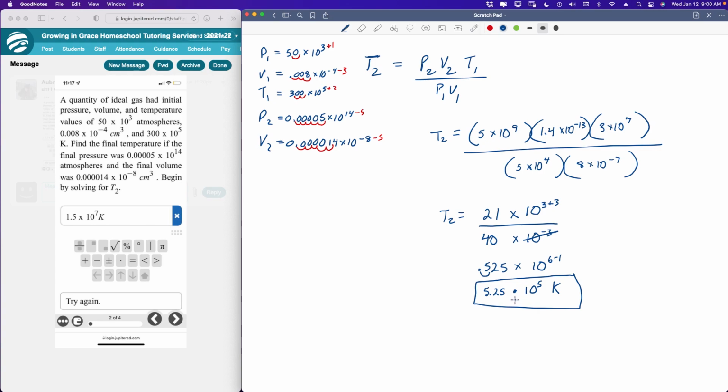Use the little dot for multiplication right here on your algebra keyboard. If you type this in, this is the right answer. You could also type in what this is when you multiply it, which is 525,000 K. Because if you multiply this times this, that's what you would get.